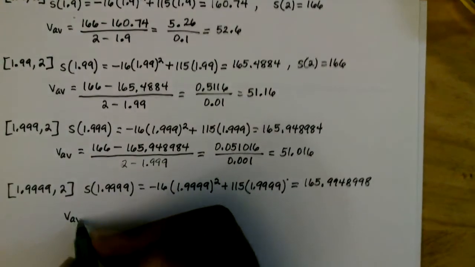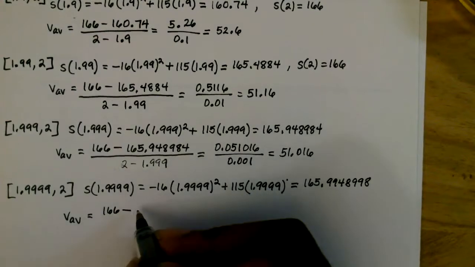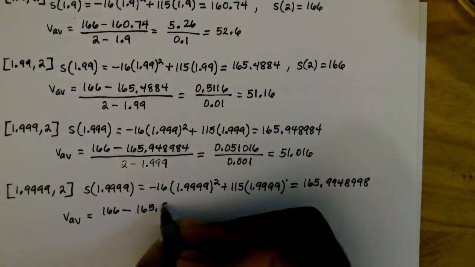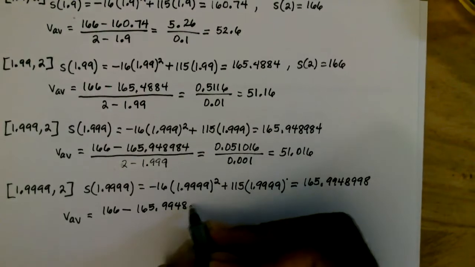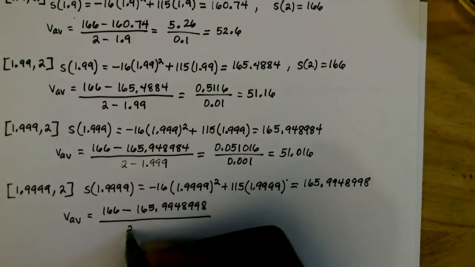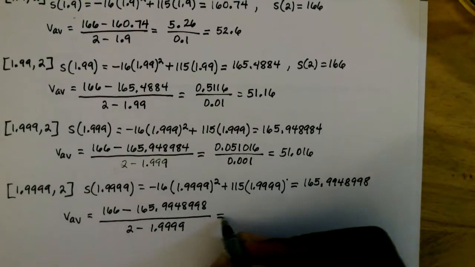And then the average velocity is 166 minus 165.9948998 divided by 2 minus 1.9999.